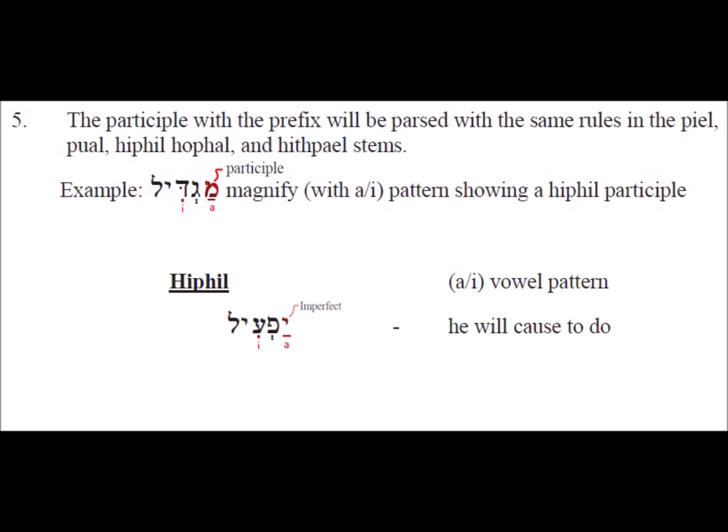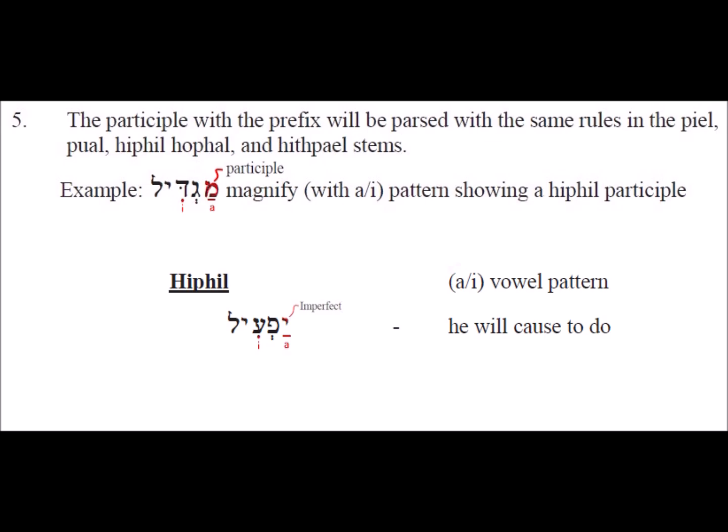We have the mem prefix, with an A vowel under it, a short A vowel, followed by the long I vowel, the hiriq yod: magdil. That mem will come before a Piel, Pual, Hiphil, and Hophal, and you'll use the same pointing that we've talked about in the imperfect rules.